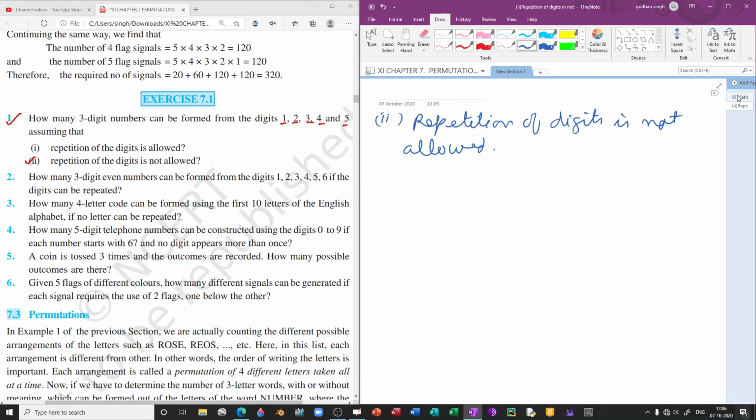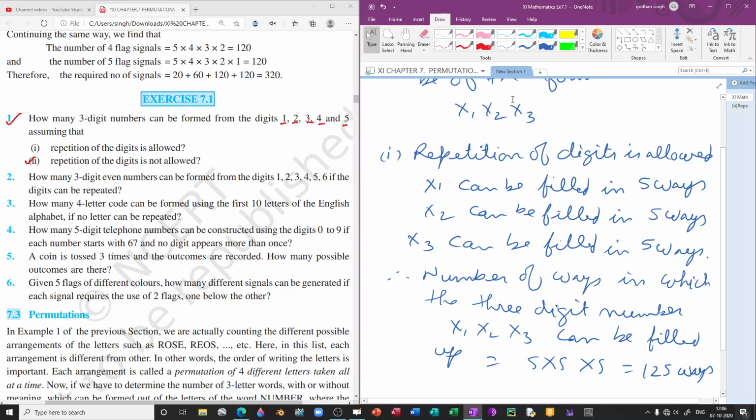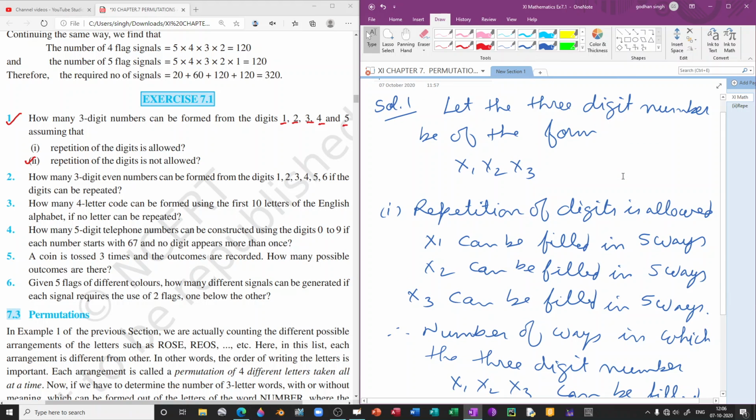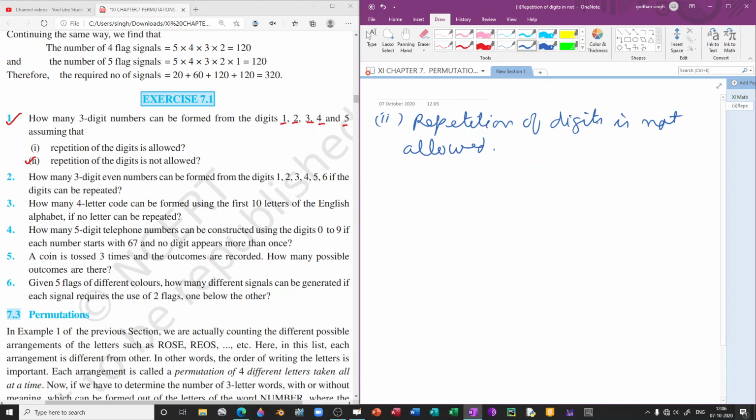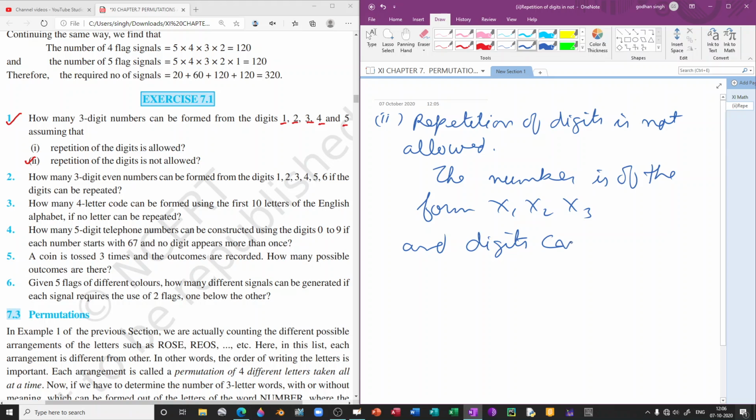The number is of the form x1, x2, x3, and digits cannot be repeated. So this is the condition in the second part.